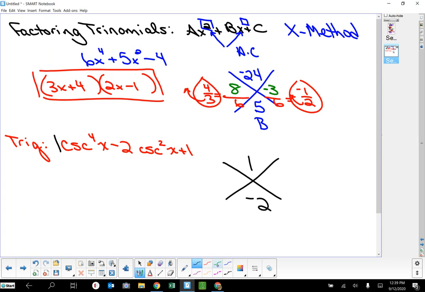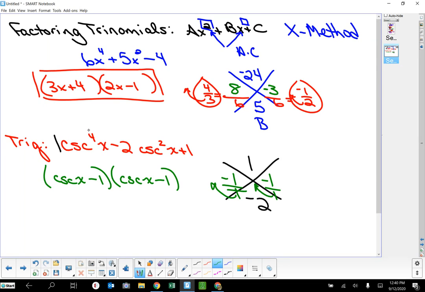This is negative 2. Well, 1 times 1 is 1. They both have to be negative to add to negative 2. And we're dividing by 1, so the 1 comes up. And so I'm just going 1 cosecant x minus 1, and again, 1 cosecant x minus 1.